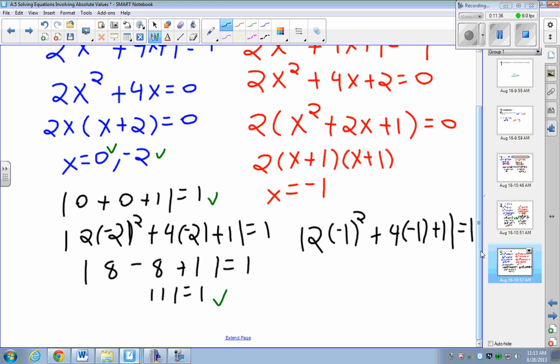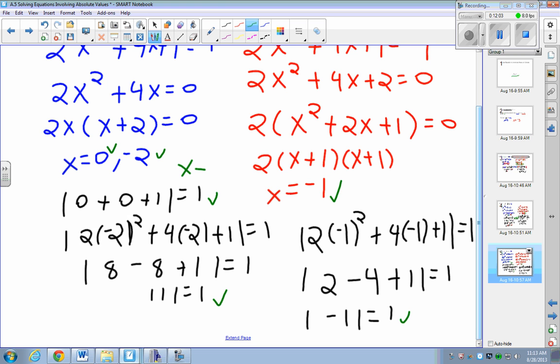So when we end up putting that all through, we'll get 2 minus 4 plus 1, which is equal to 1. This is going to be negative 1, which equals 1. Cool. So that one's checked off. So all of our solutions here work. So x can equal to 0, negative 1, negative 2.